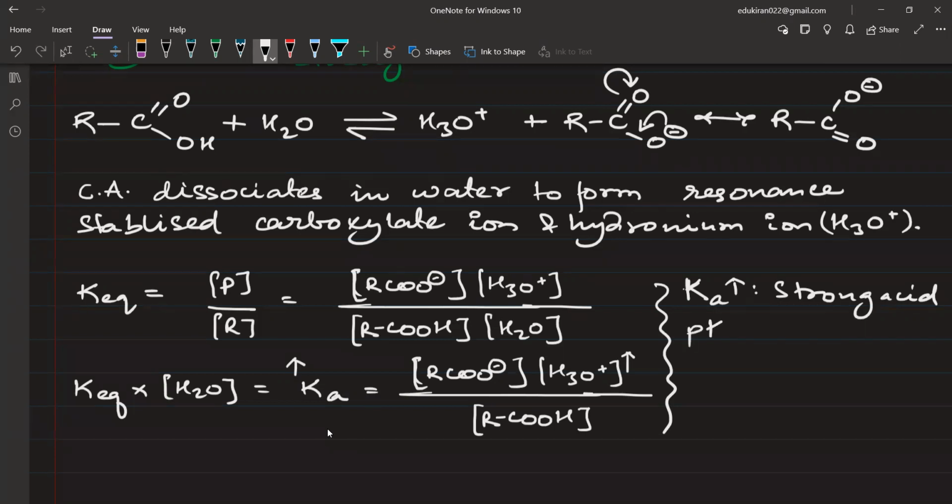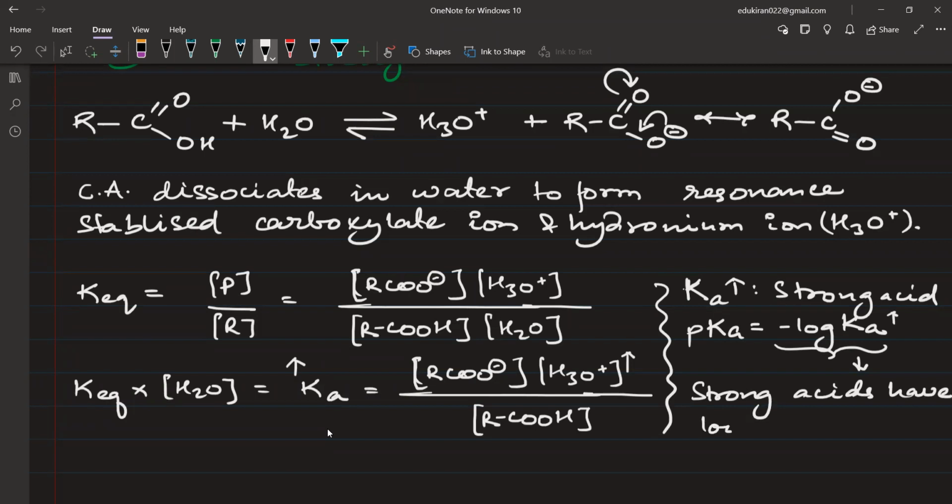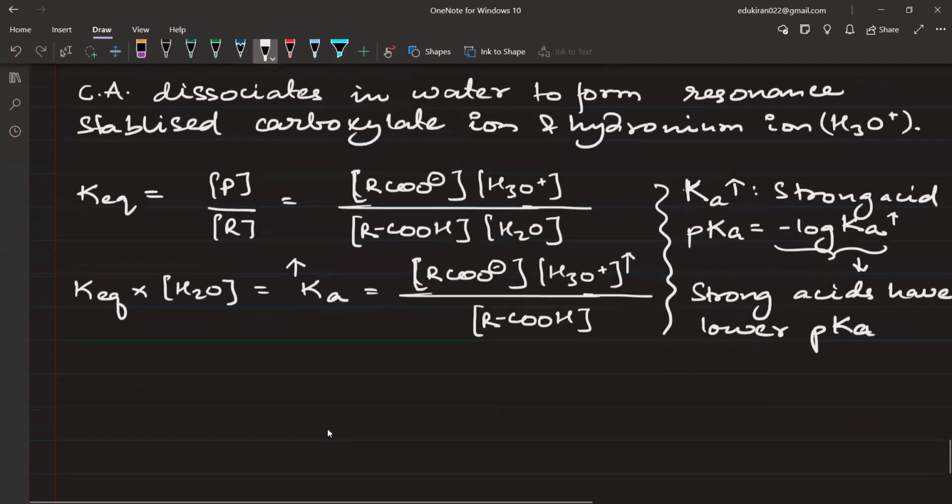What is pKa? pKa is minus log of Ka. Now, if Ka is going to be high, this whole quantity is going to be low, and that is why strong acids have lower pKa values.